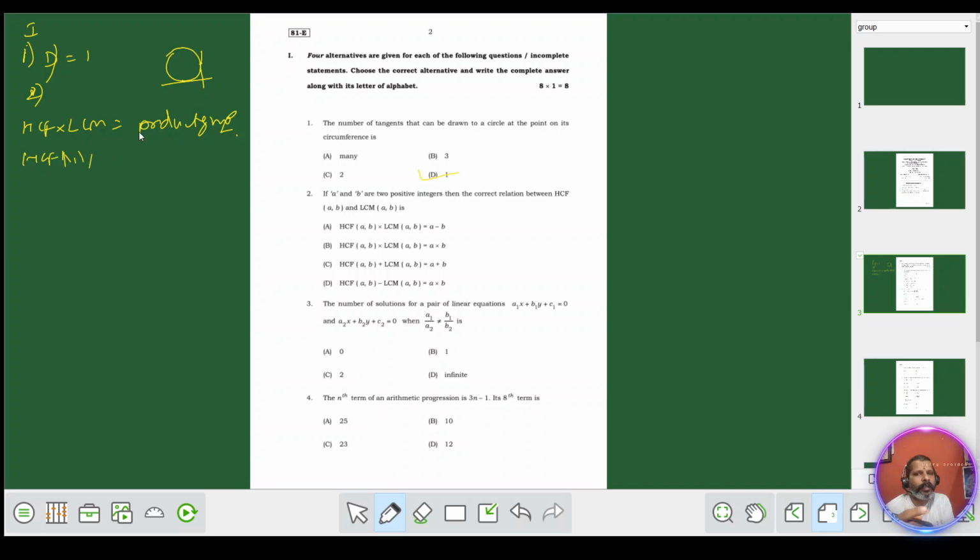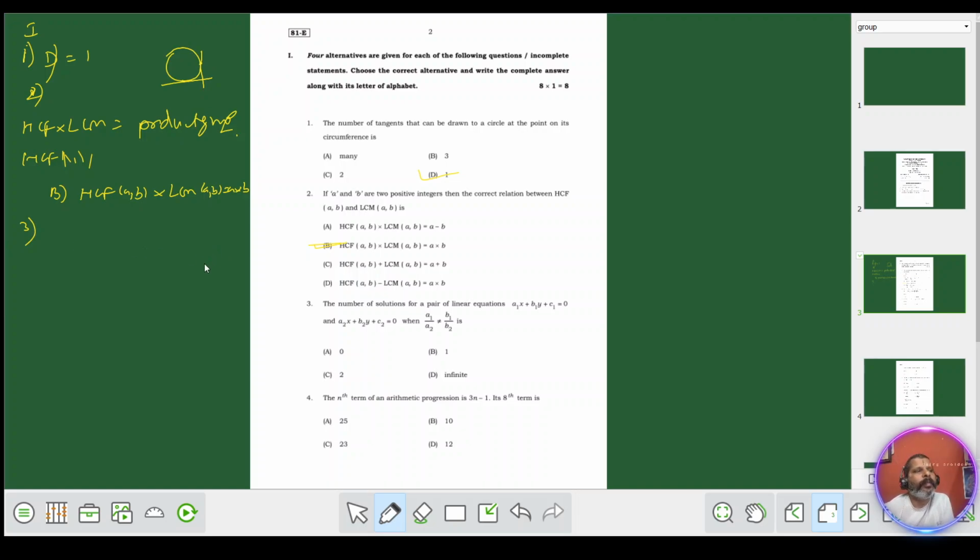So HCF of A and B into LCM of A and B is nothing but A into B. So B is the answer. You can write HCF of A, B into LCM of A, B equal to A into B.